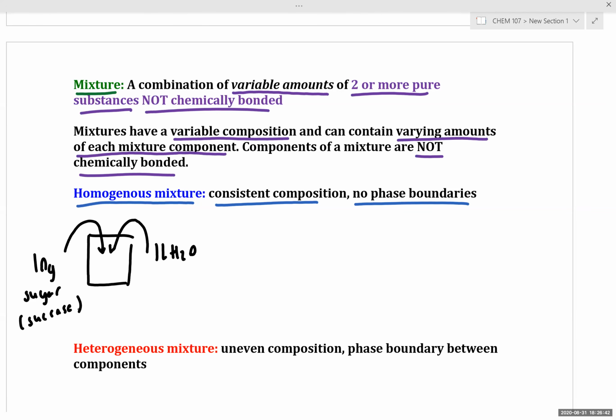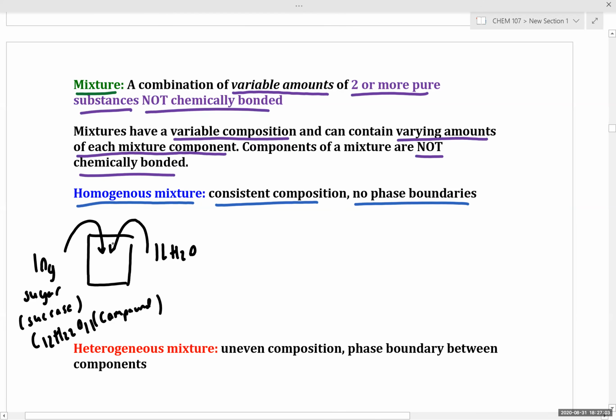So let me give you the formula for sucrose. Sucrose has a formula of C12H22O11. So sugar or sucrose is clearly a compound.